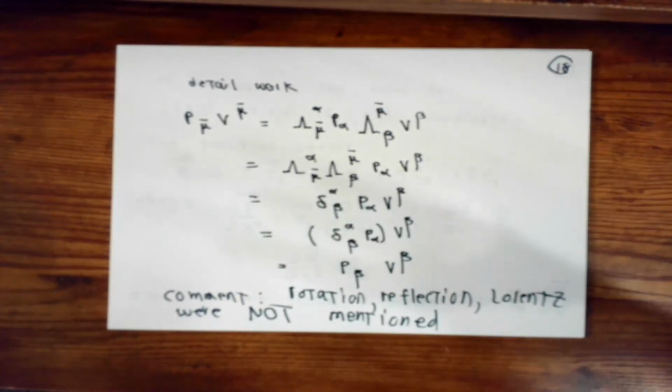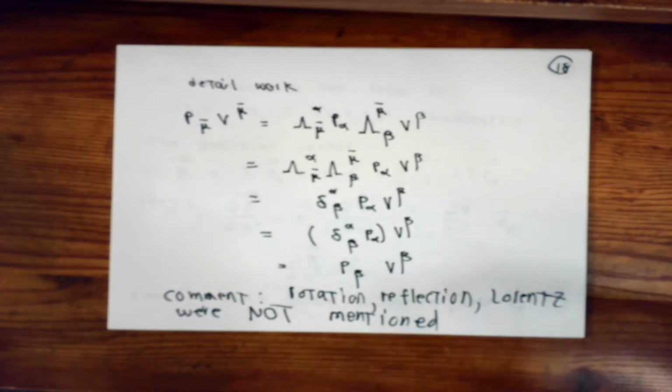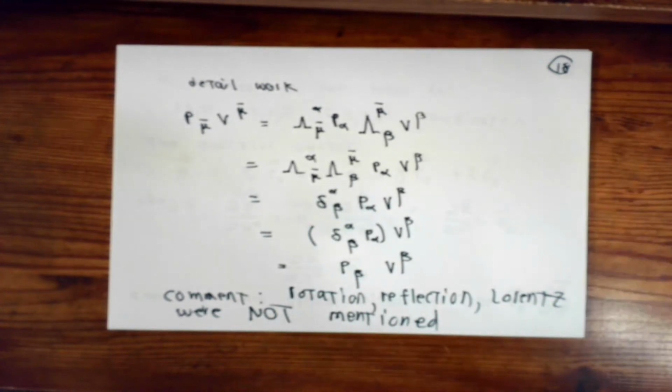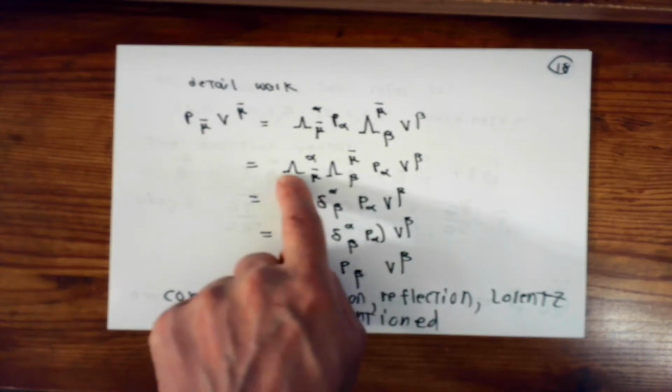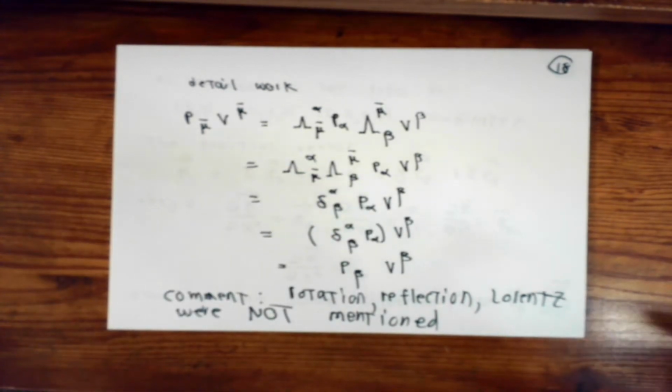That says that this one form evaluated at a vector or vector evaluated at a one form is frame invariant. And notice I didn't say anything about these being rotations or anything. This is true for any invertible transformation L, with the lambda mu bar beta being the numbers in the L.